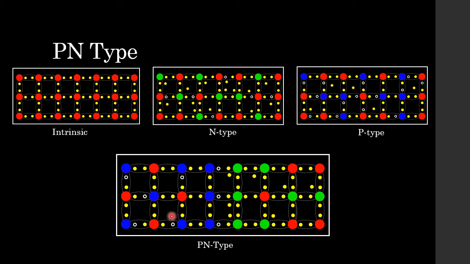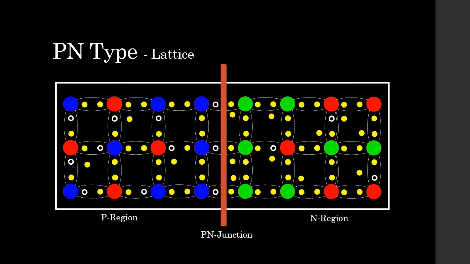Now we're going to look a bit deeper into this crystal lattice structure. Let's move on to the next slide. So looking a bit deeper into our PN-type crystal lattice, we can see from the P region that we have our trivalent atoms, which are our acceptor ions, which bring in additional holes, which make the holes the majority carriers in the P region.